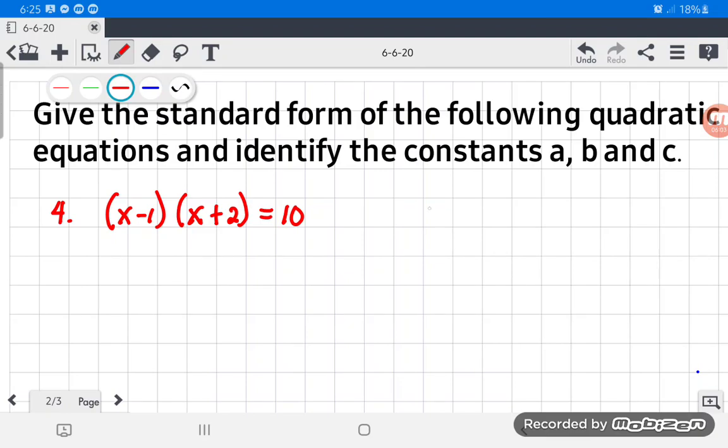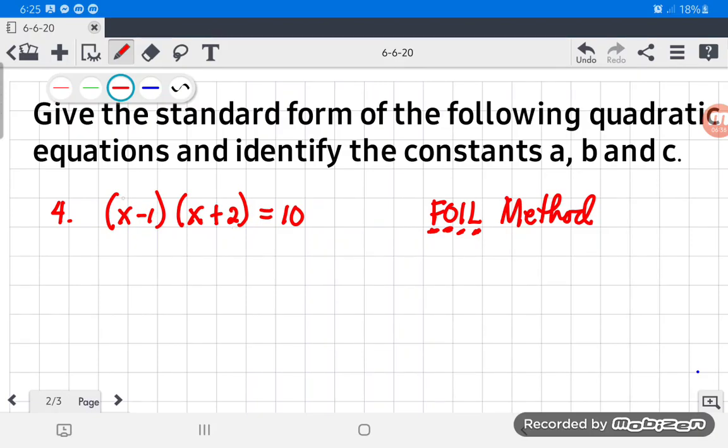Here, we're going to make use of the FOIL method. F stands for the first terms. What are the first terms here? We have x and x. O stands for the outer terms, which are x and 2. The inner terms, we have negative 1 and x. The last terms, we have negative 1 and positive 2.